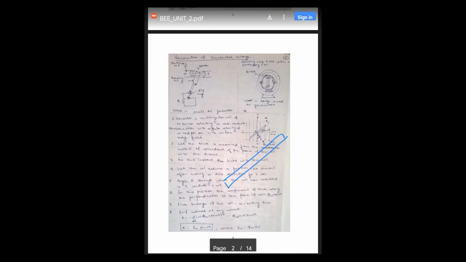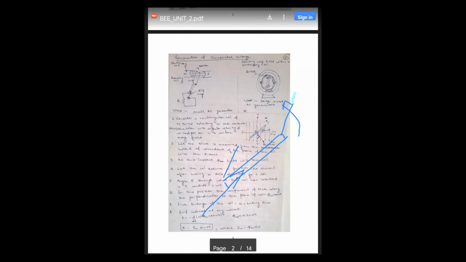We are not drawing the three-dimensional figure of it, but we are focusing on its top view. When it is rotating, obviously flux cutting will be taking place, and we use the top view to analyze the angles well.